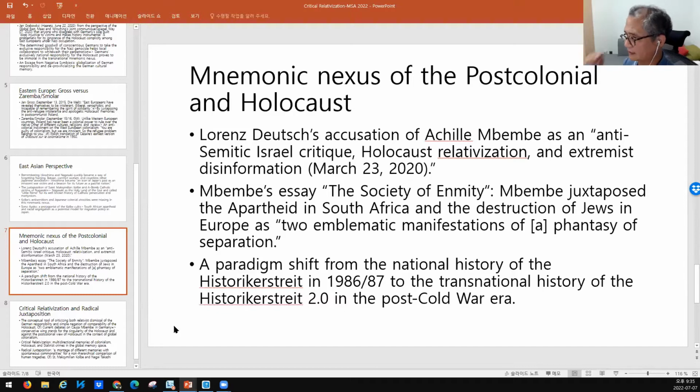He pointed to Mbembe's essay "The Society of Enmity," in which Mbembe juxtaposed apartheid in South Africa and the destruction of Jews in Europe as two emblematic manifestations of a fantasy of separation. What is interesting in this debate, from my viewpoint, is a paradigm shift from the national history of the Historikerstreit of 1986 to the transnational history of the Historikerstreit, a second version in the post-Cold War era.